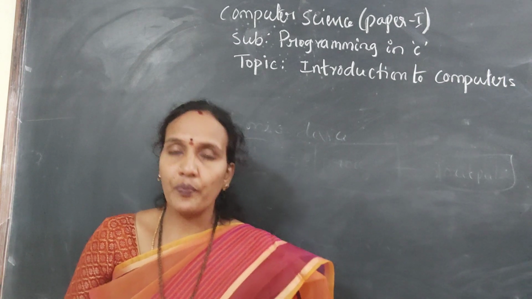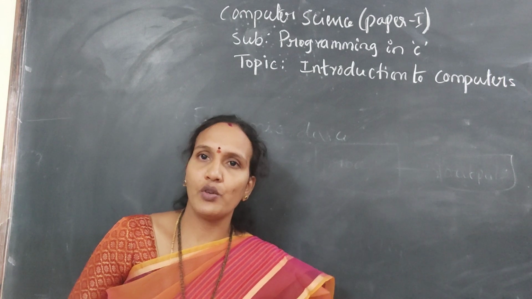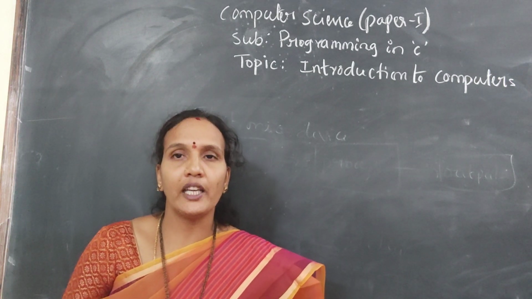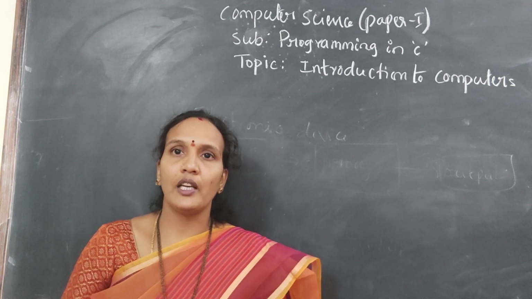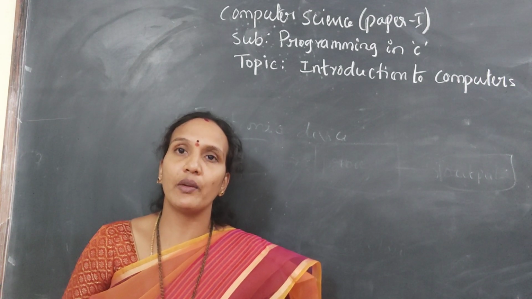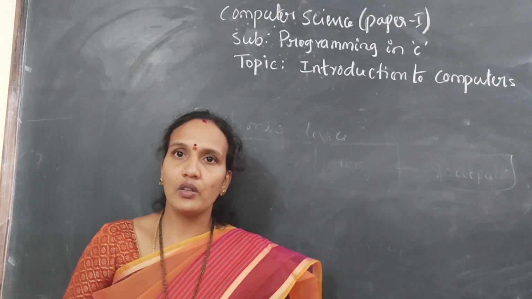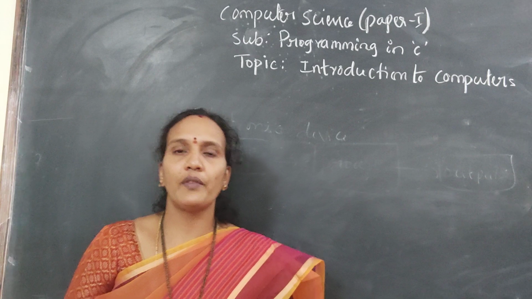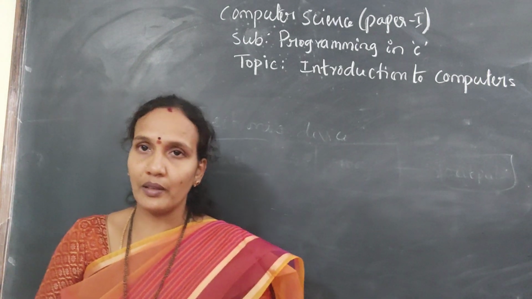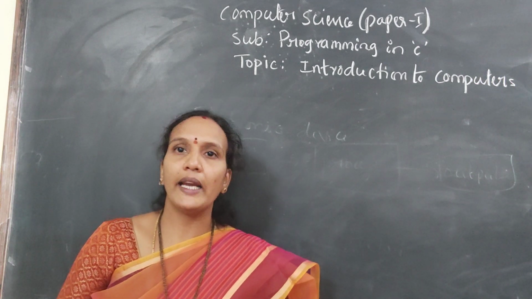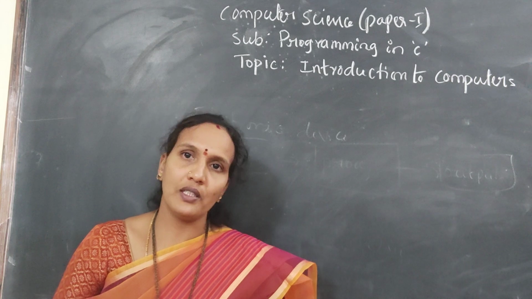In order to take input from a user, it will take the help of the input unit and input devices like a keyboard, mouse, scanner. Those come under input devices. If the user wants to give any input to the system, then the user has to use the input devices, the devices which are used to give input to the system.